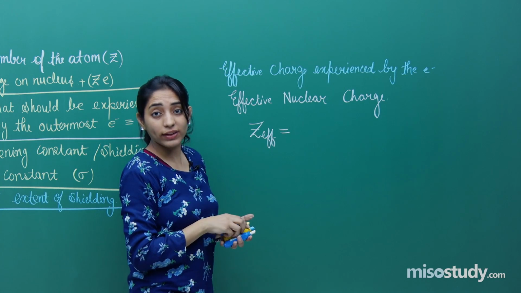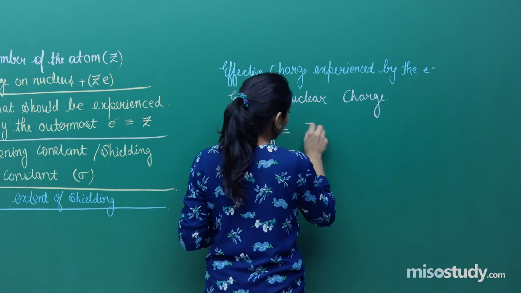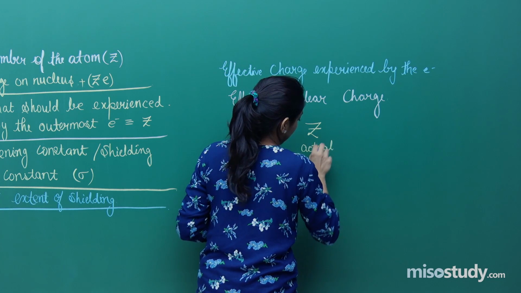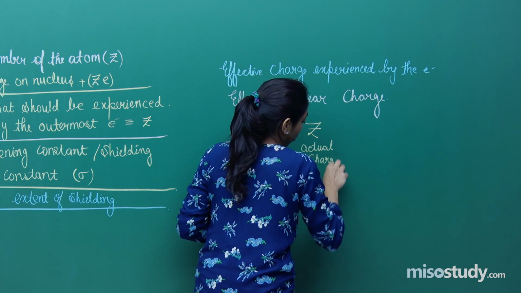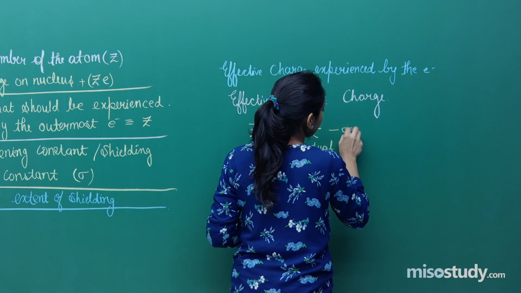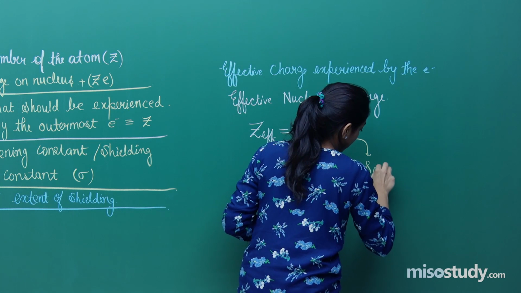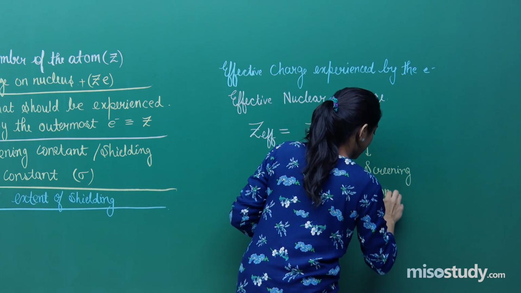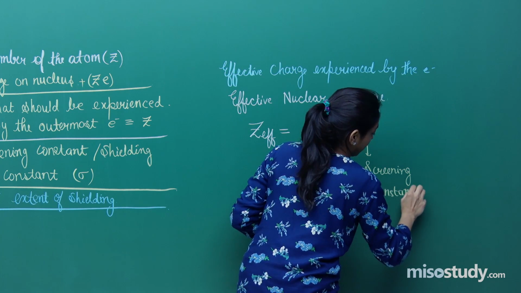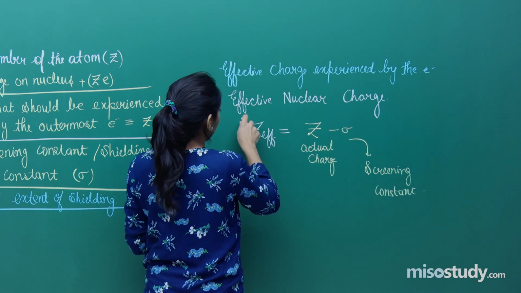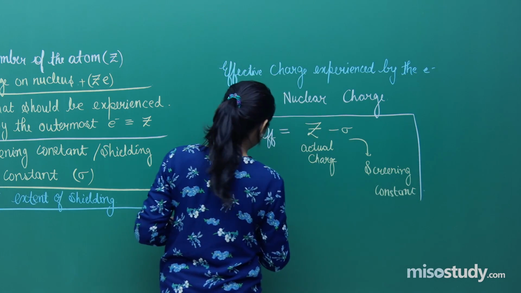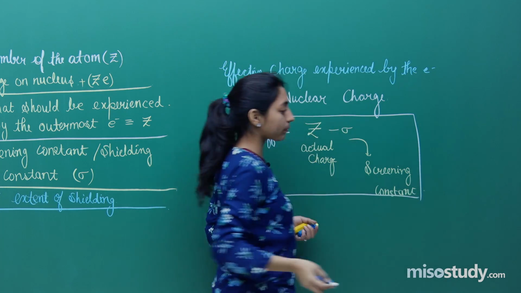So Z effective can be written as the actual charge on the nucleus minus sigma, which is the screening constant. Okay, so finally we will end the discussion here: Z effective will be Z minus sigma.